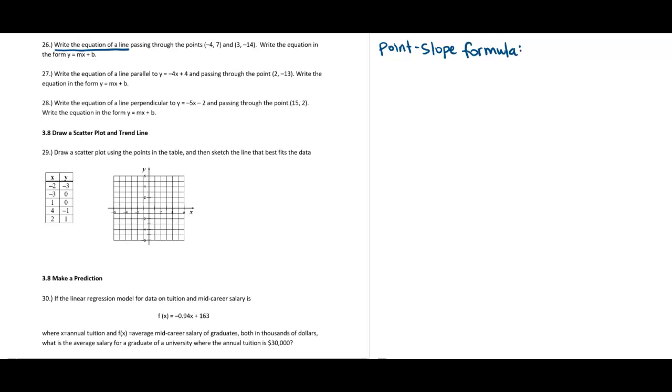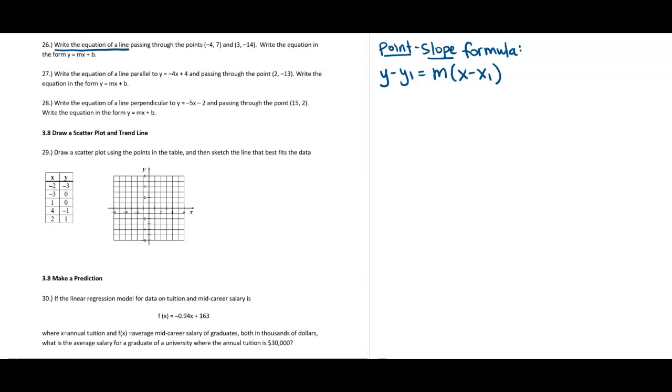It'll get you there. So if you like that way better, then use it. This point slope formula is y minus y1 equals m times x minus x1, where m is the slope and x1, y1 is a point, thus having the name point slope. We need a point and we need the slope in order to use this formula.